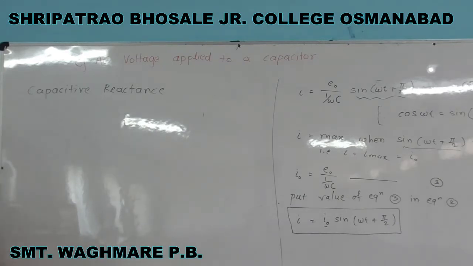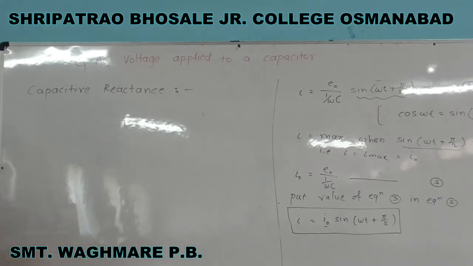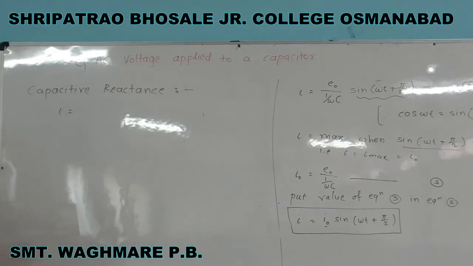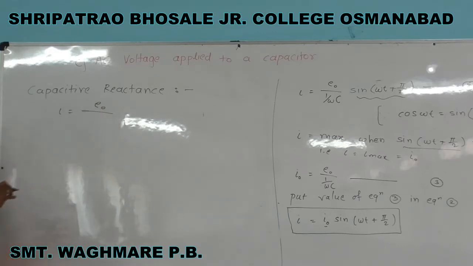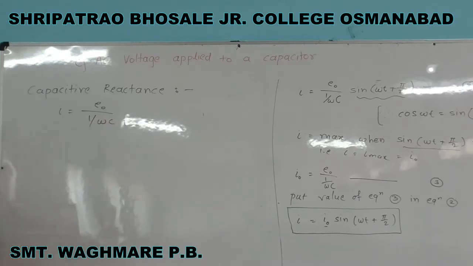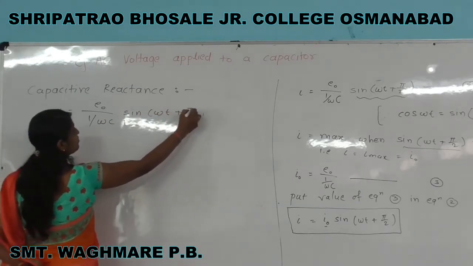The instantaneous value of alternating current through a capacitor is given by: here we know that the instantaneous value of current through the capacitor is given by I is equal to E naught upon 1 upon omega c sine omega t plus pi by 2.